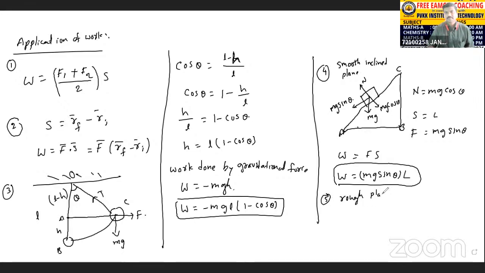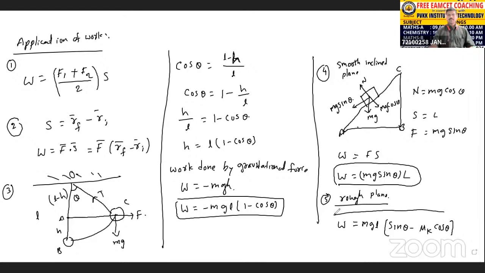For a rough plane, the formula is W is equal to mgL into (sin theta minus mu k cos theta). Okay. Now discuss potential energy.